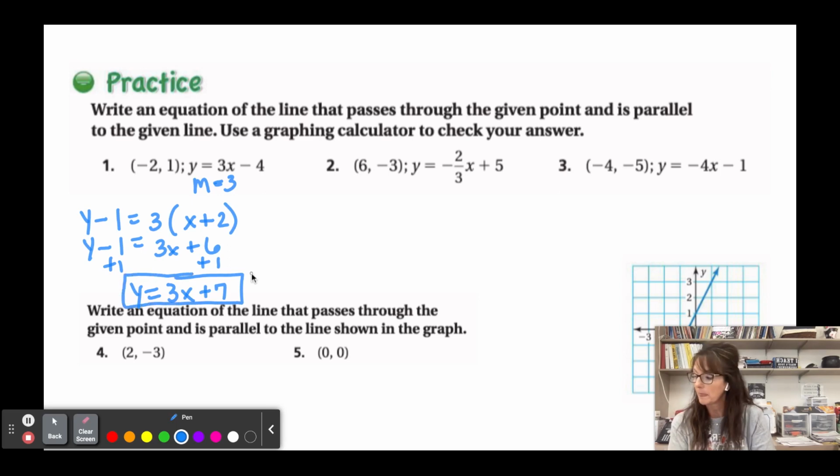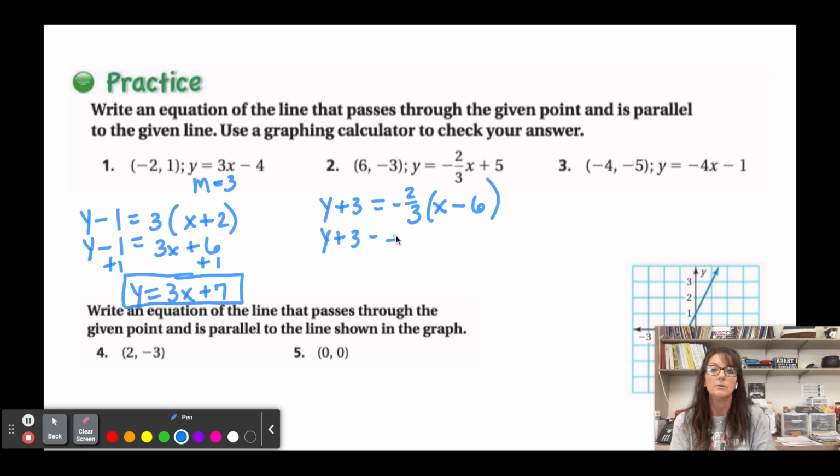Okay. Looking at this one, we know that our slope is negative 2/3. So y plus 3, remember, minus a negative 3 is plus 3. I'm just taking one step out by doing it that way, is equal to negative 2/3 times the quantity x minus 6.